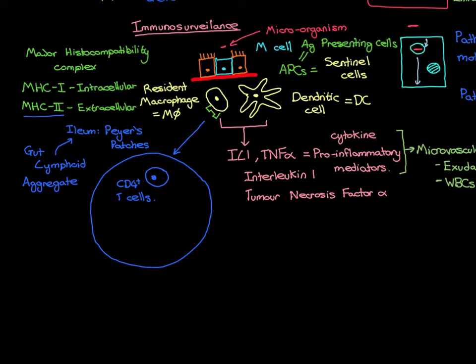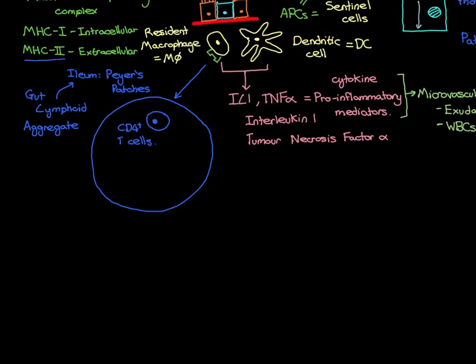Now, in our individual who's going to develop inflammatory bowel disease, you will then have a CD4 positive T cell that is directed against one of those peptide fragments, and therefore the antigen presenting cell will successfully activate that CD4 positive T cell, and it will now start dividing and dividing and dividing.